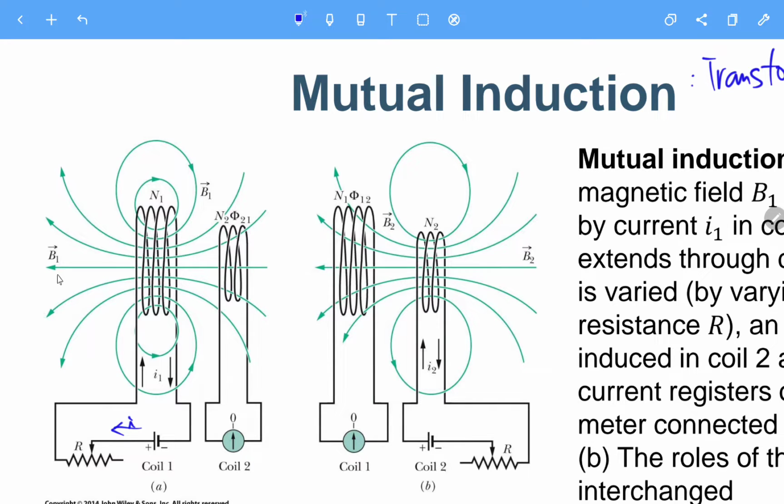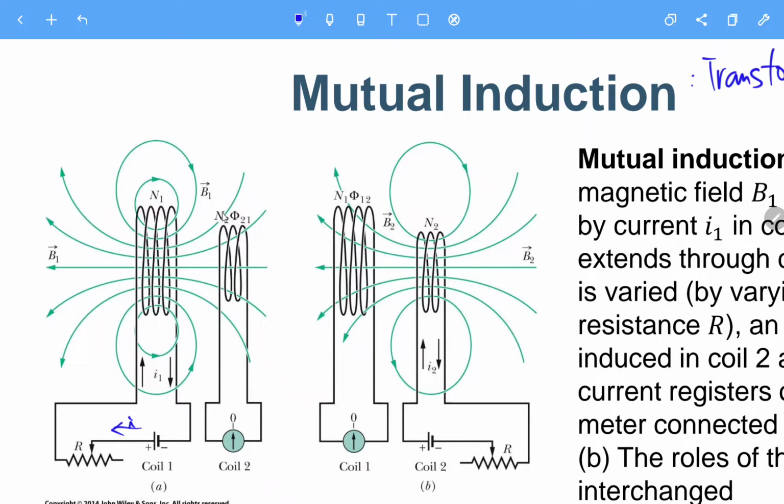So you can see B1 points to the left side, and if we are changing the current by sliding through this resistor, then the magnetic flux going through coil 2 is changing.